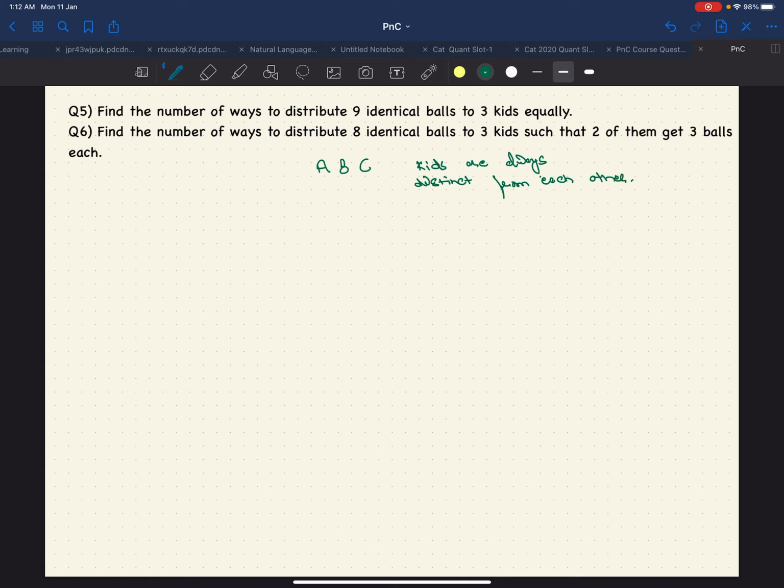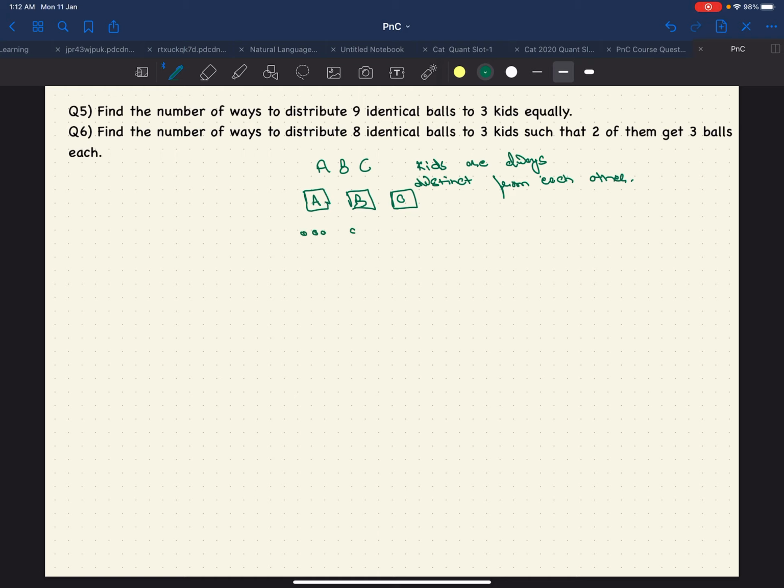So obviously a person is always distinct from another person, and therefore the kids are always distinct to each other. So we can consider these kids as 3 buckets, but which are different from each other. So let's call them A, B and C.